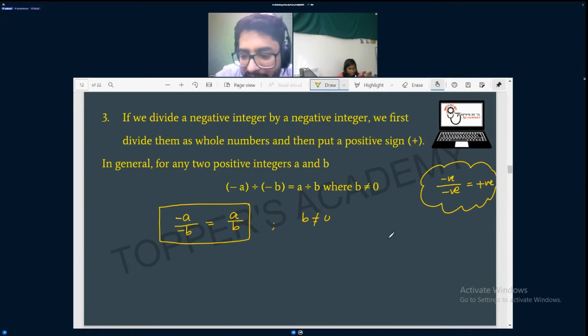Basically, the meaning of a divided by b is that you have to find some integer c such that b into c is a. Yes or no? Let's say if b is 0, then we have to find some integer c such that 0 into c is equal to a.